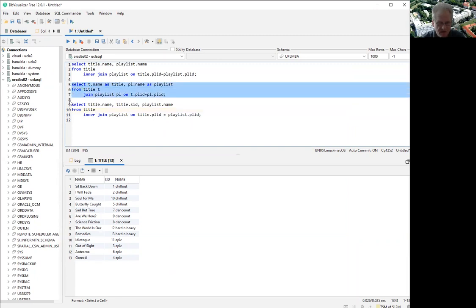I think this one here they would like to have. Was it that one? Where we named the columns as name AS title. Copy it into your DB Visualizer, execute it, and you will see it.